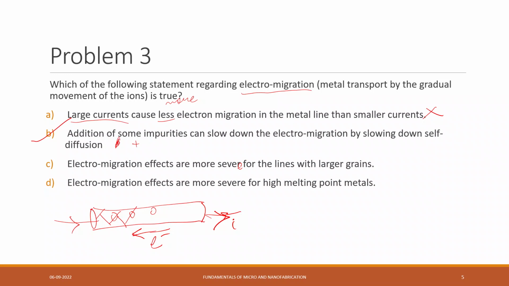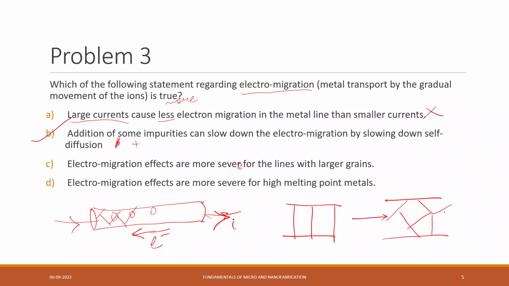And electromigration effects are more severe for the lines with larger grains. So if we have two situations, like we have very large grains, and here we have smaller grains.